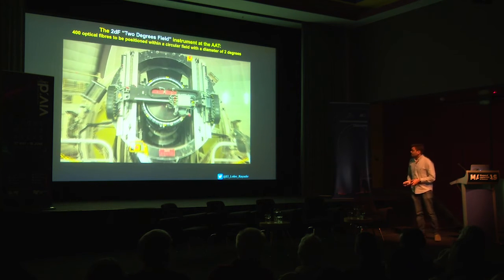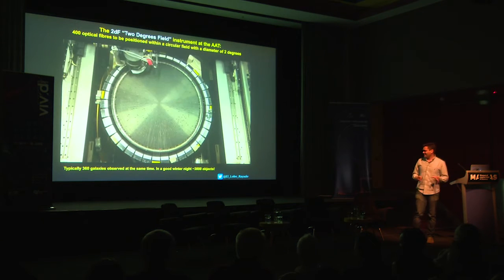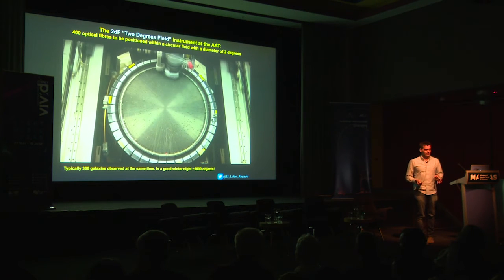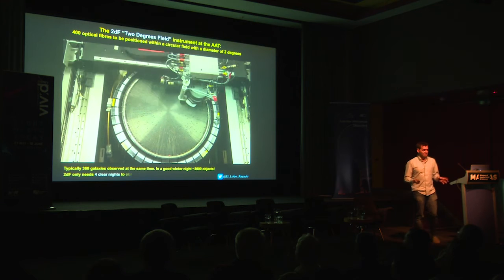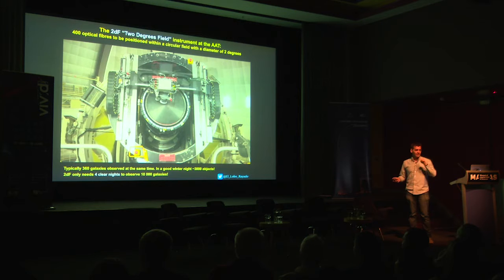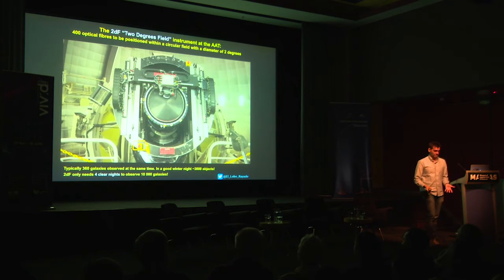Typically, we observe 360 galaxies at the same time. So in a good winter night, we can get even 3,000 objects in a single night. That means that in only 4 nights, 2dF is able to observe the 10,000 galaxies that took decades for other telescopes to get.